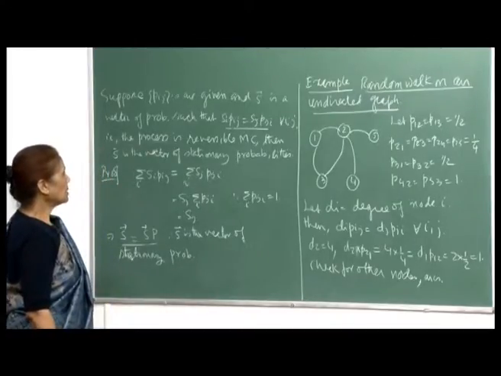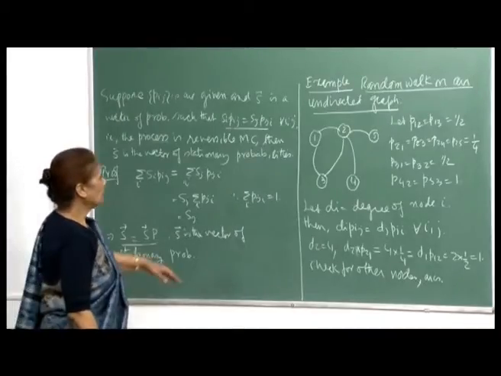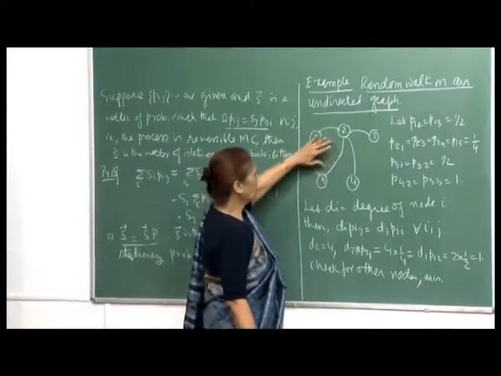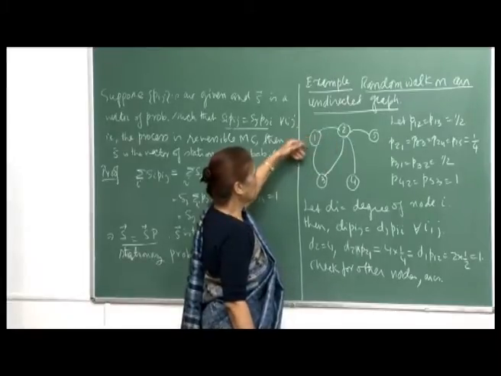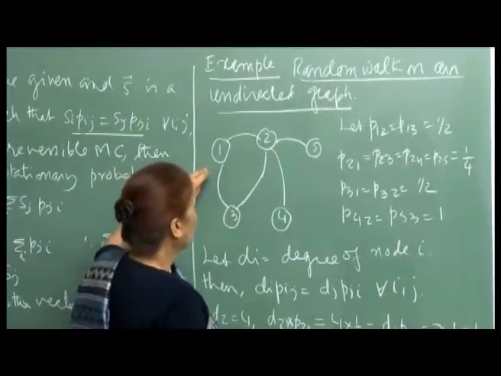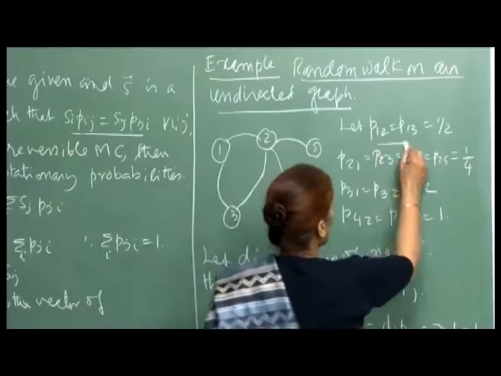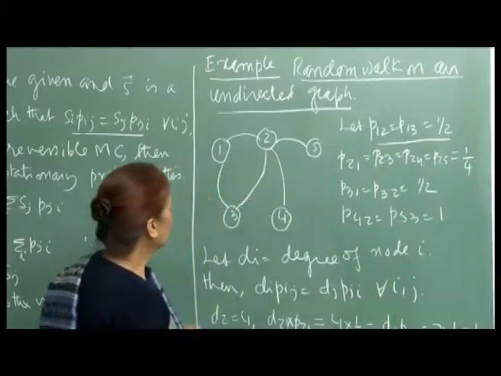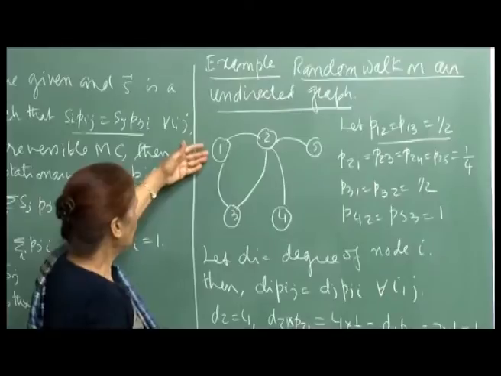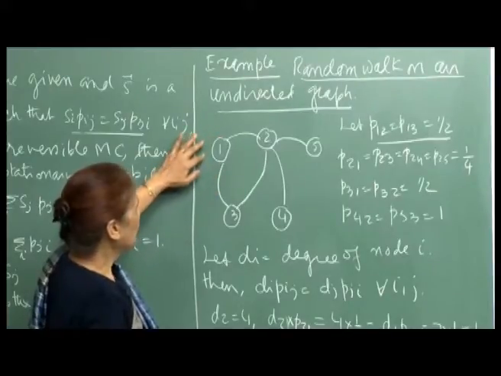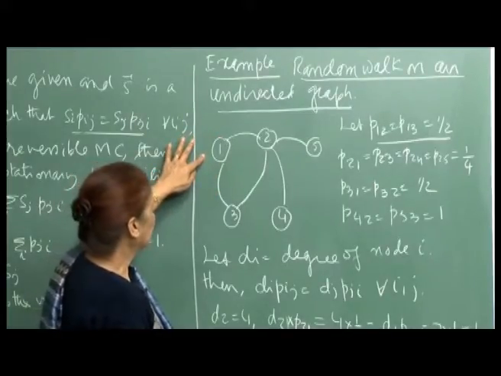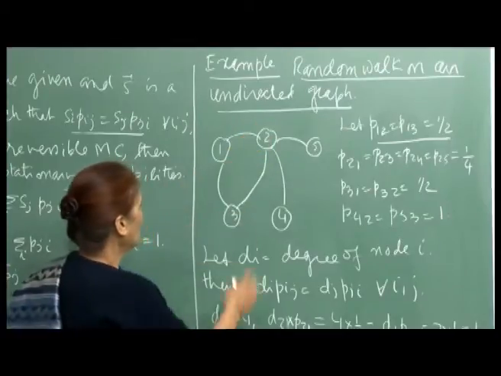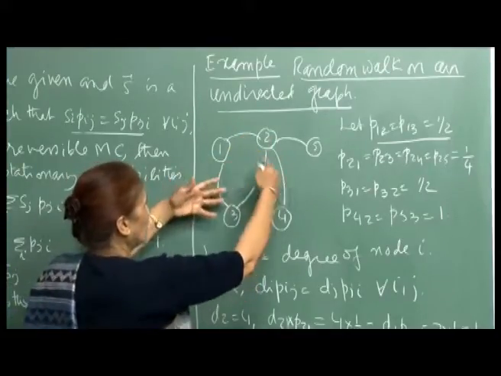So, the idea is that here let us look at an undirected graph with 5 nodes, and the links, the arcs, connecting them. Now, what I am doing is writing probabilities, that means transitioning from 1 to 2 or 1 to 3, these are the 2 edges. So, I am giving them equal probabilities, and that is why it is called a random walk, because you can wander around this graph.